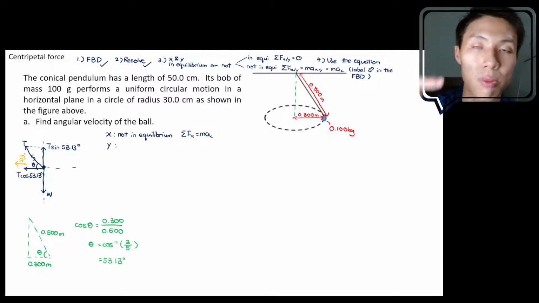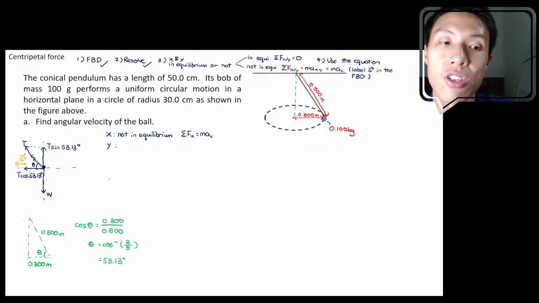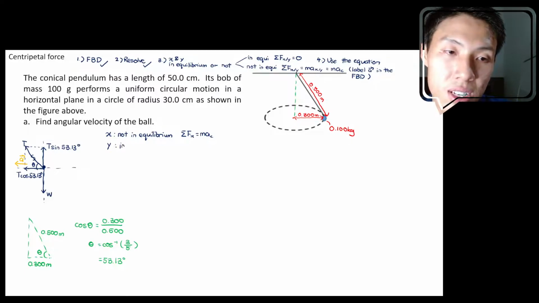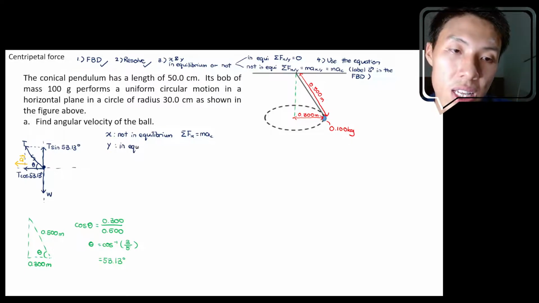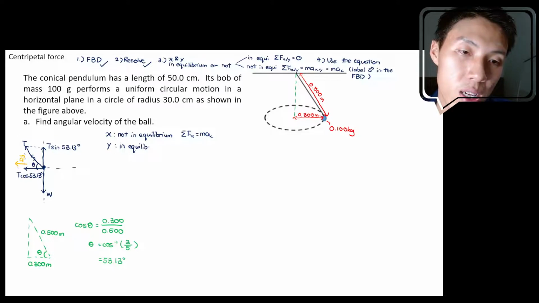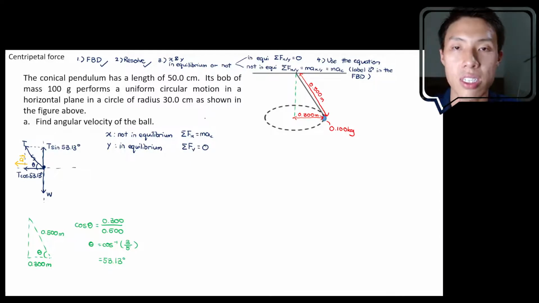Because there's no up and no down, we can treat the y-axis as at rest. If the y-axis is at rest, we can think of it as being in equilibrium. So because it's in equilibrium, we are going to analyze the y component of force to be equal to 0.